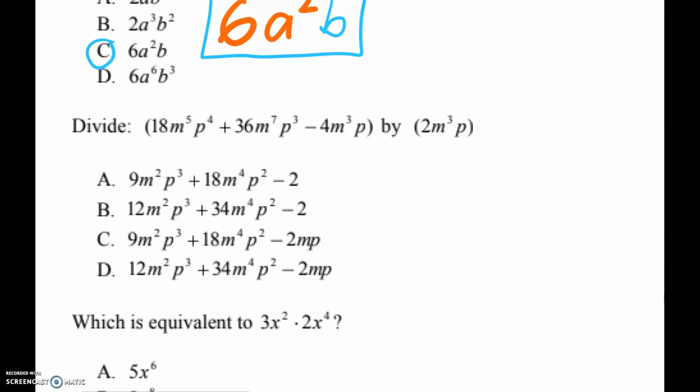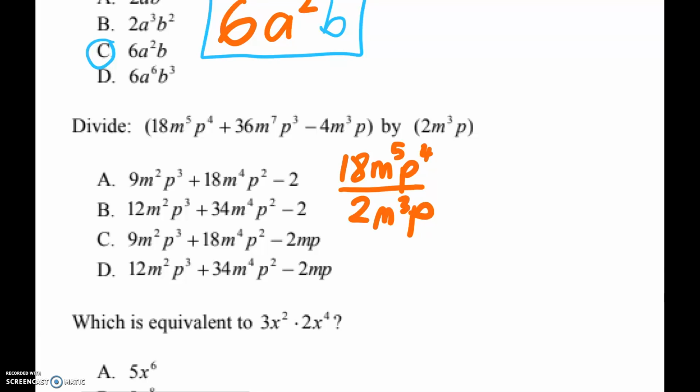Divide. All right, so I'm just going to diligently divide every single term here by 2m cubed p. I think if we rewrite this as 18 m to the 5th, p to the 4th, and I'm going to divide this by 2 m cubed p.